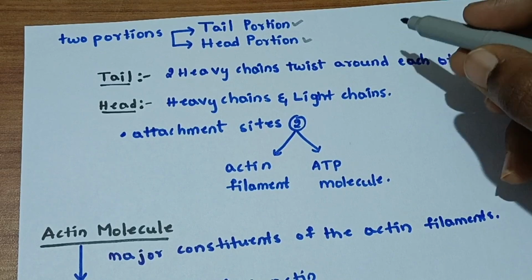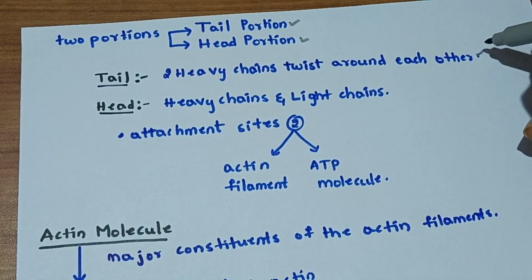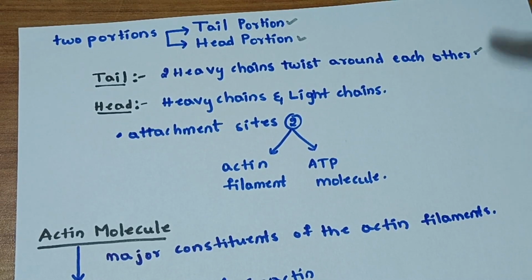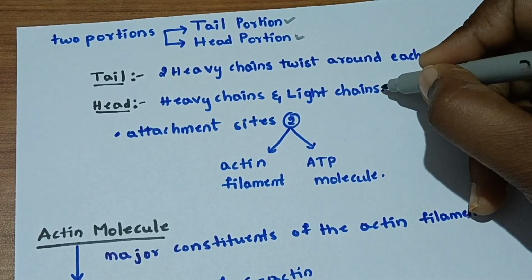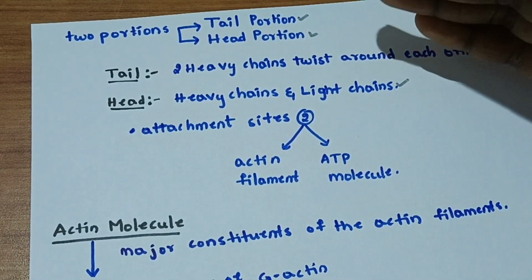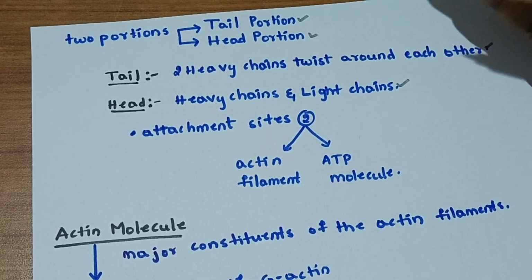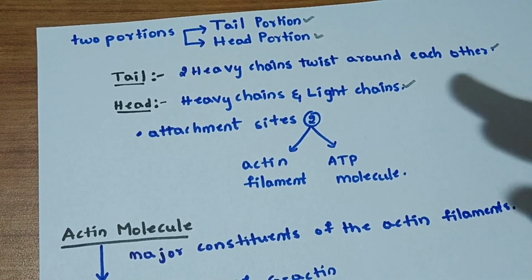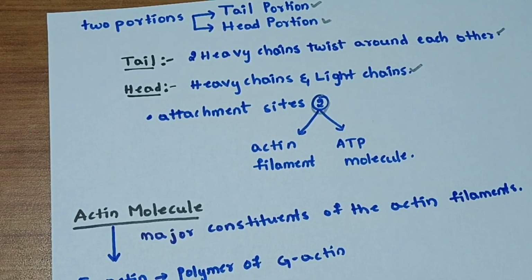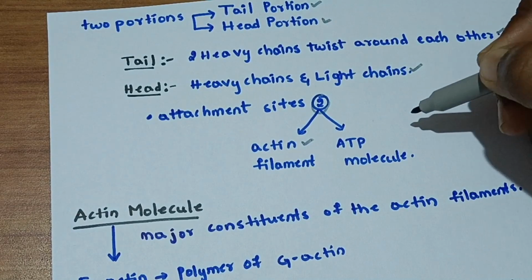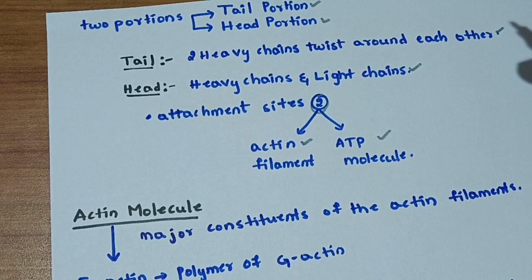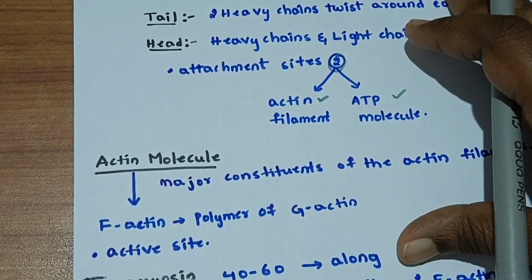The tail portion is made of 2 heavy chains twisted around each other, whereas the head portion has the heavy chains and the light chains attached. The head contains 2 attachment sites: one for the actin filament and one for the ATP molecule.